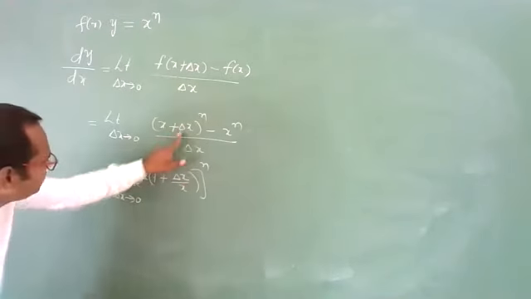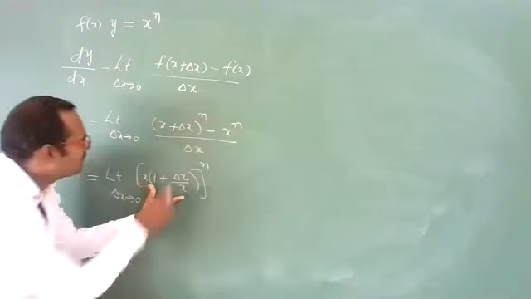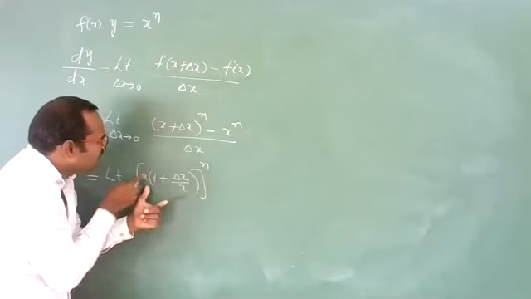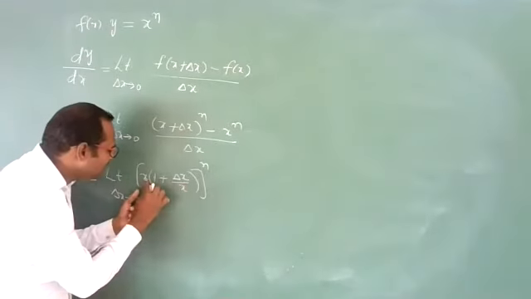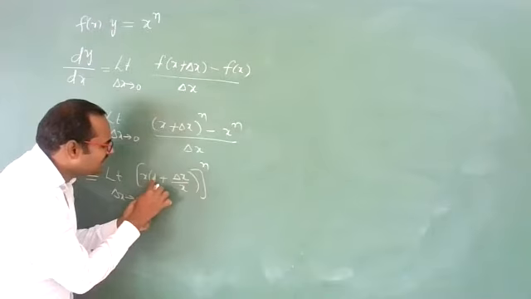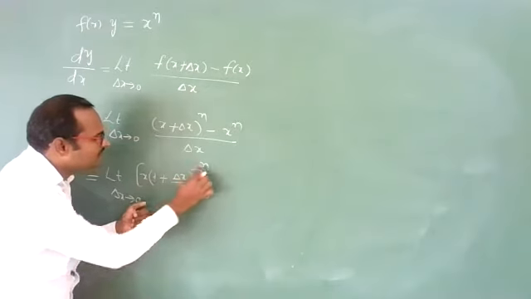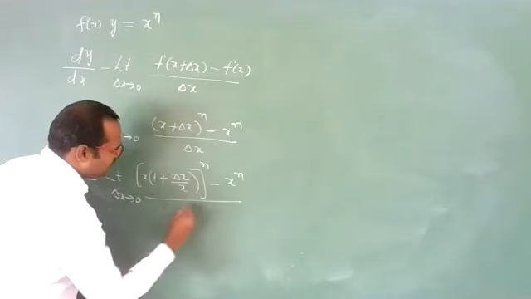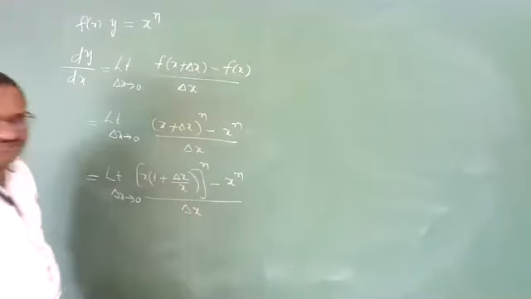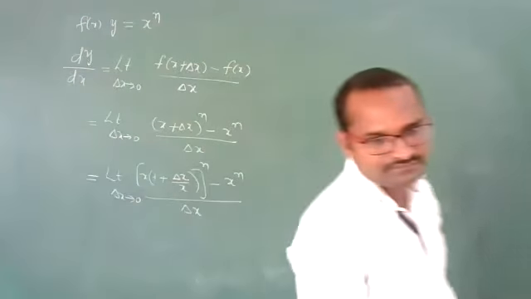Can we write this one? From these two terms, I am taking x common. Here 1 will be remaining, plus here divided by x, again multiplied by x into 1. x plus x cancel, into x whole power n. Yes, perfect. Minus x power n divided by delta x. Can we write like this? Yes, definitely.